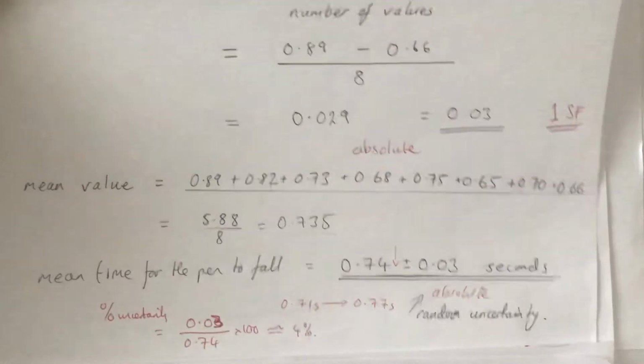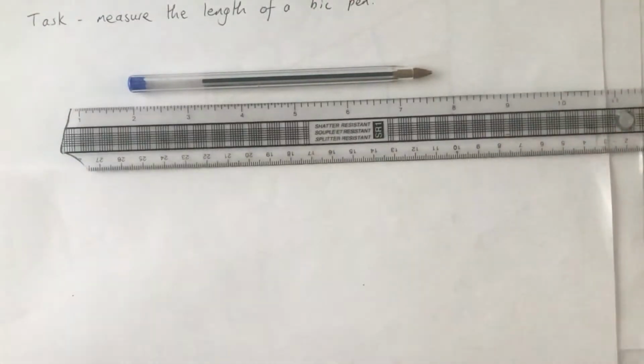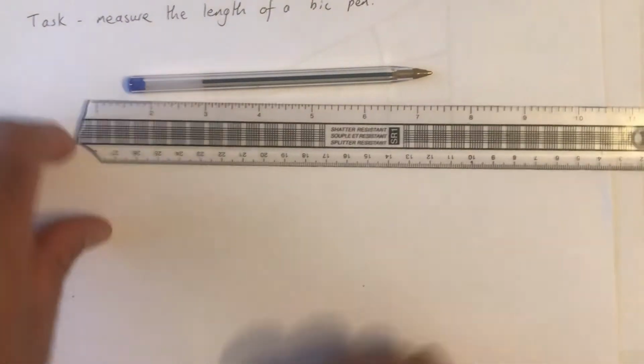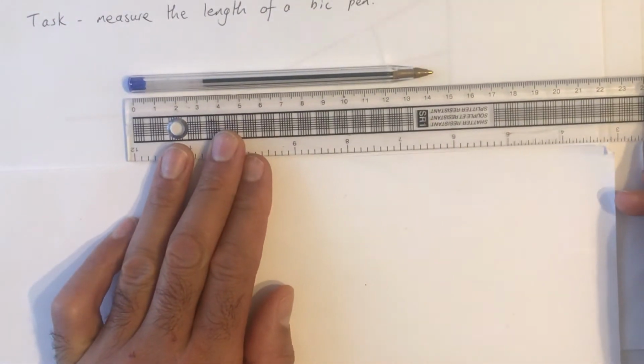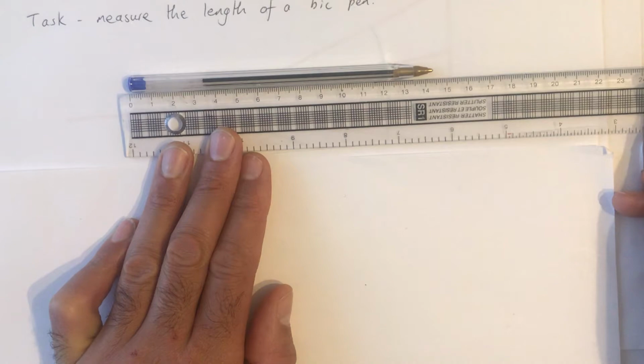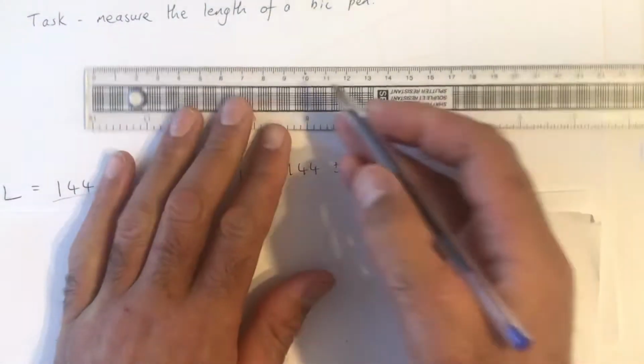Okay. So, what's next? Scale reading uncertainty. So if that's random uncertainty, now scale reading uncertainty. I decided my task would be to measure the length of a Bic pen. Measuring the length of the pen in millimeters, I measured it to be 144, and I thought to myself, realistically, using this method, the issue here is the actual scale.